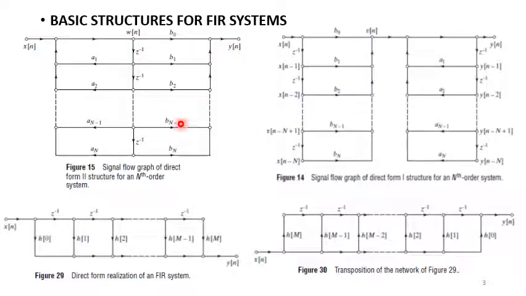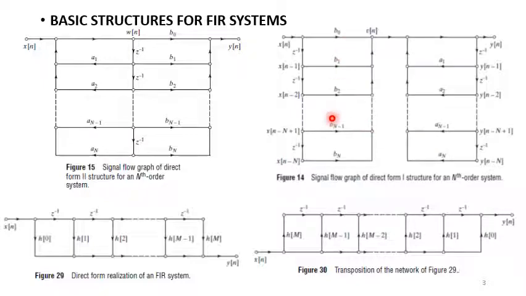By looking at the figures you can easily tell, because in the case of FIR we don't have poles, that is, these coefficients a1, a2 are all zeros, and also this one. So we straight away arrive at a direct form 1 realization by just removing the poles. If we remove the poles, we are just left with the zeros. So for the FIR case, we don't have this, and we also don't have this.